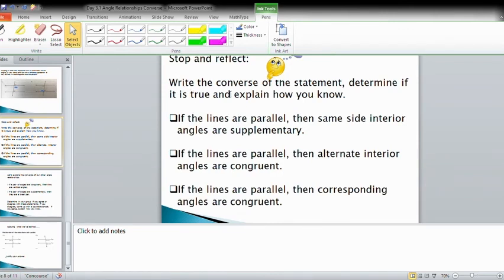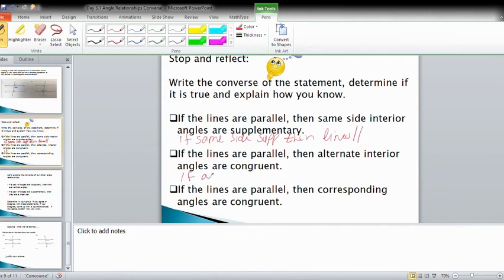So again, I would like you in your notes to rewrite these statements as the converse, right? So if the lines are parallel, then same side interior angles are supplementary. Well, the converse of that says if same side interior angles are supplementary, then lines are parallel. Again, if lines are parallel, then alternate interior angles are congruent.